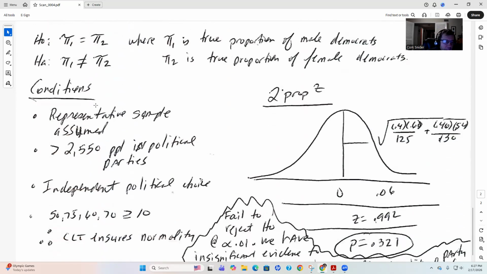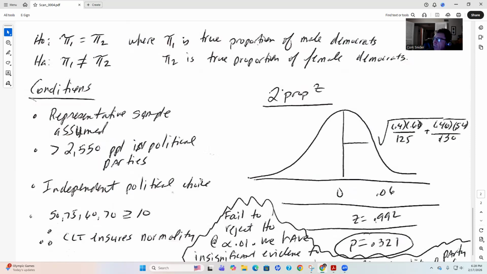So remember the conditions: representative sample, 10 times is here, independent political choice. And all the NP's have to be bigger than 10 and NQ's have to be bigger than 10. So that comes down to 50, 75, 60, and 70. All the numbers in the table have to be bigger than 10, and they are. So that will give us the central limit theorem ensuring normality.